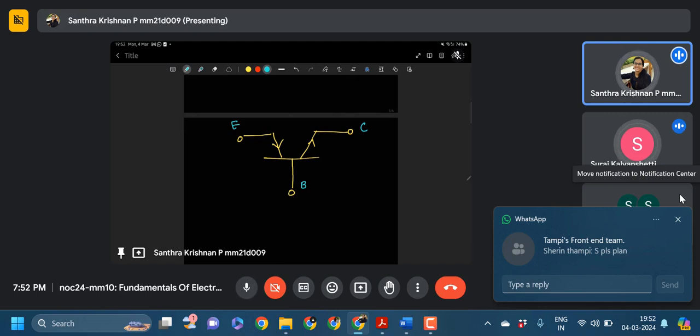The emitter-base junction we give forward bias. This is P plus actually, this is N, and this is again P. So this is in forward bias, and this part we are giving a negative bias, reverse bias.